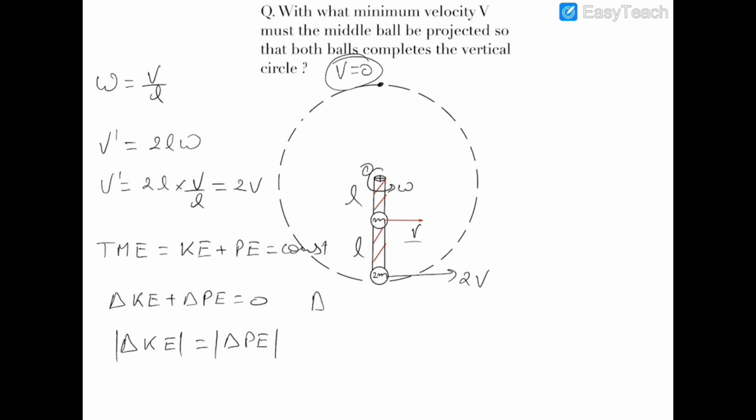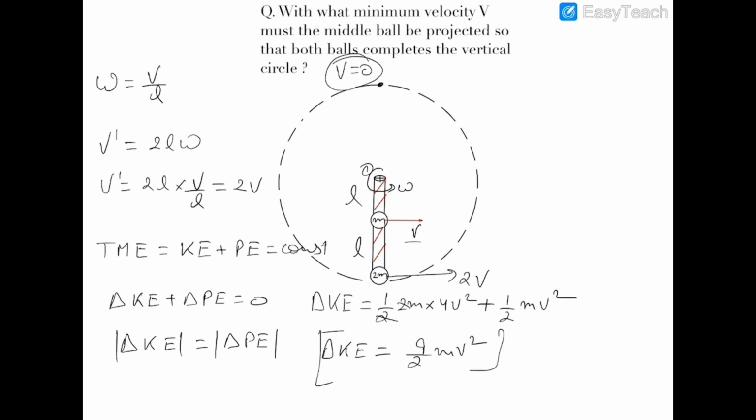So the change in kinetic energy in magnitude will be half into 2m into 4v square plus half m into v square. So the change in kinetic energy will be equal to 9 by 2 mv square. This 2 cancels with this, and 4 plus 1 by 2 is 9 by 2 mv square.